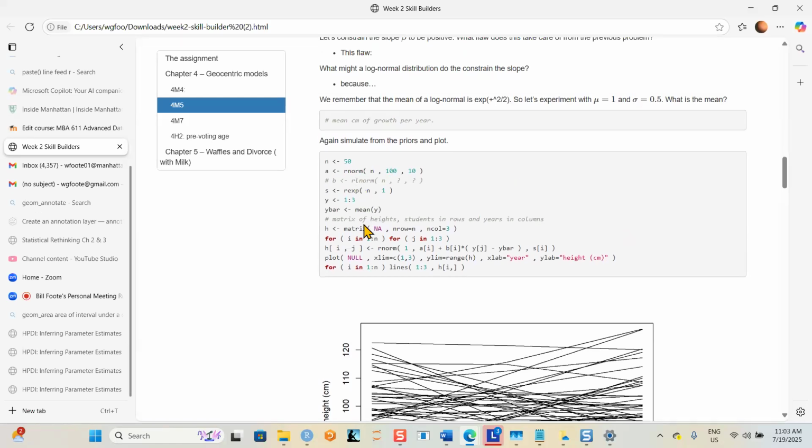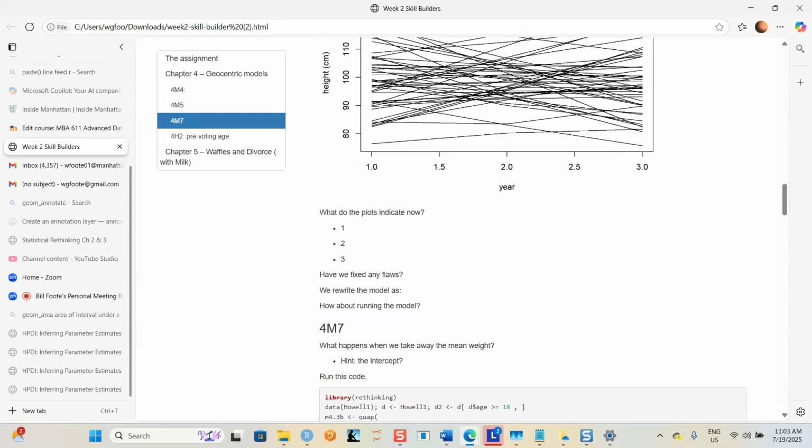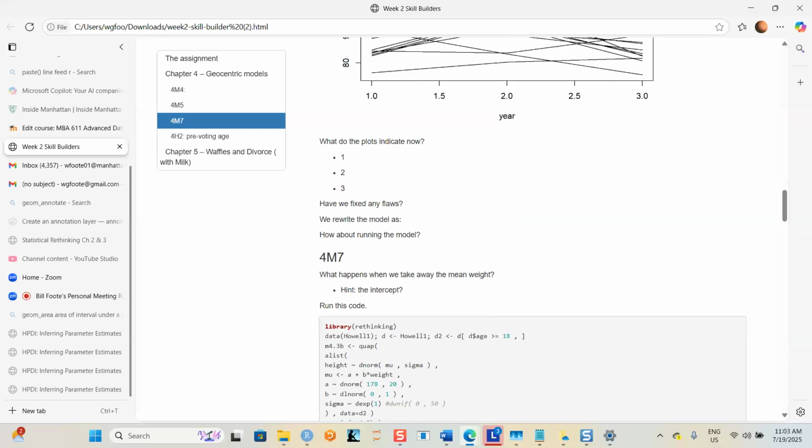Do the same thing, and now we're saying, what do we put in with B to make it positive? Well, that's the question here. Simulate and plot. And what do the plots indicate? Well, we're still in trouble.